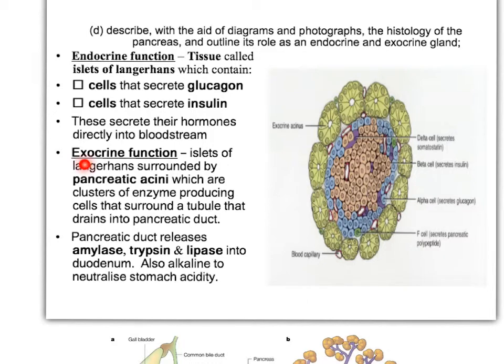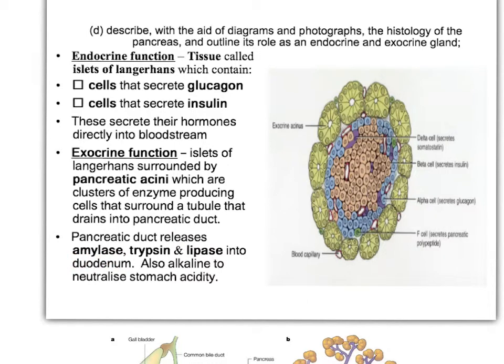Whereas the exocrine function are these structures around the outside of the islet of Langerhans, and they're known as pancreatic acini, and they're producing enzymes, and they're clustered around pancreatic ducts, which all funnel into the main pancreatic duct, which takes the enzymes and various secretions to the small intestine.